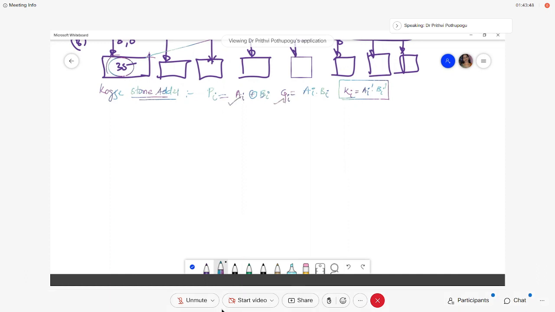Okay. And this propagation, along with the generation, we define these stages of addition. We took 4 stages of adding, no?